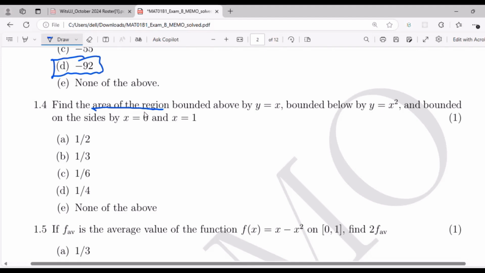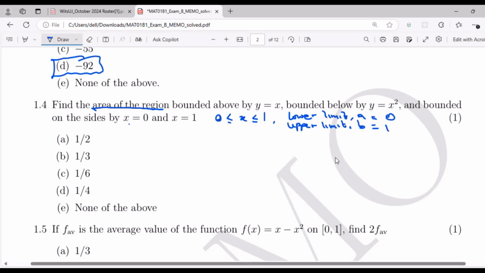But before we go ahead to apply the formula, you should take note of the given points. This is like saying 0 less than or equal to x less than or equal to 1. That means this is our lower limit, let's call that a, equal to 0, and the upper limit, let's call that b, equal to 1.